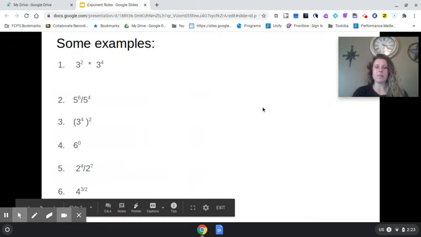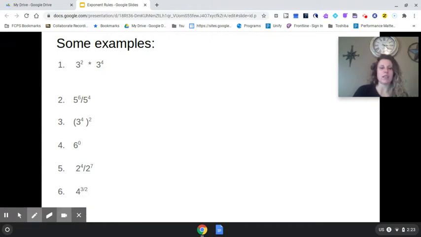Okay, here's some examples that we're going to take a look at that's going to demonstrate why those exponent rules work. So the first one, if we look, it says 3 squared times 3 to the fourth. Let's take a look at what these exponents actually mean. So 3 squared means that we're multiplying 3 times 3. 3 to the fourth means that we're multiplying 3 by itself 4 times.